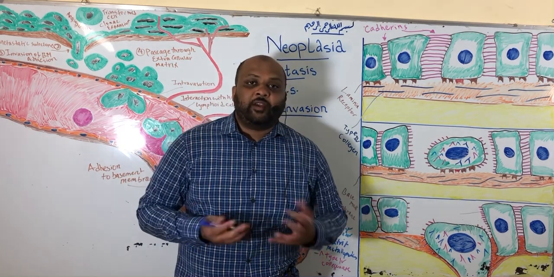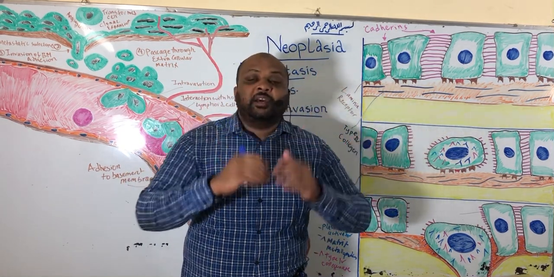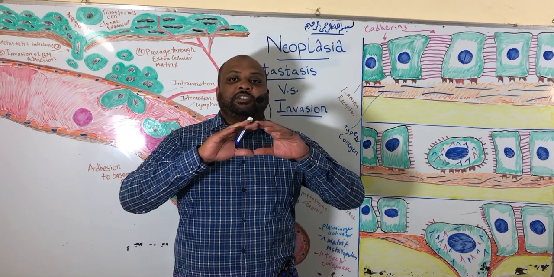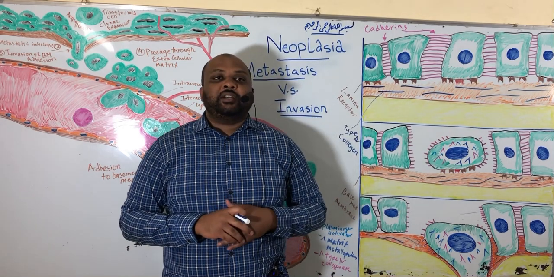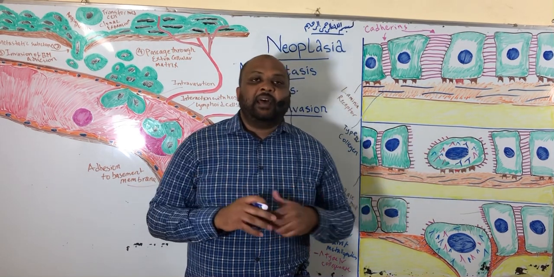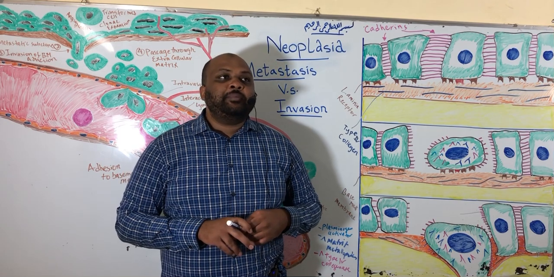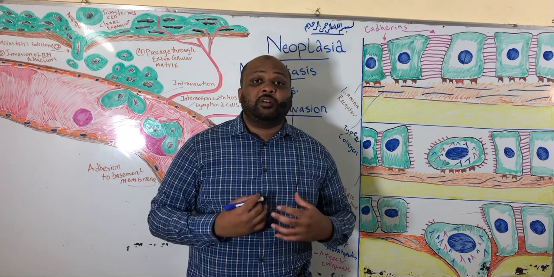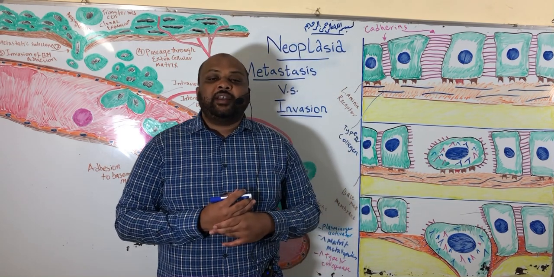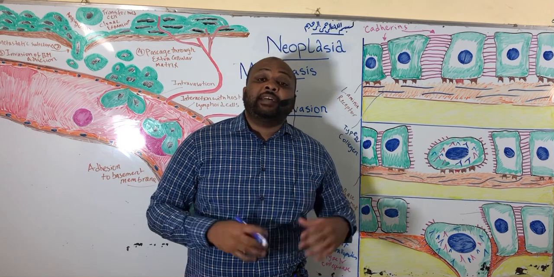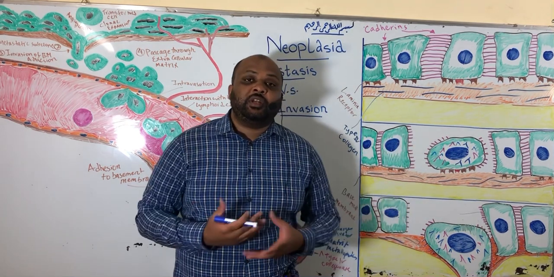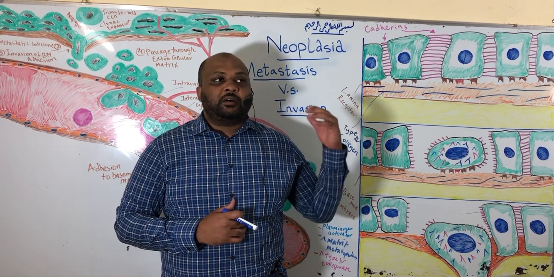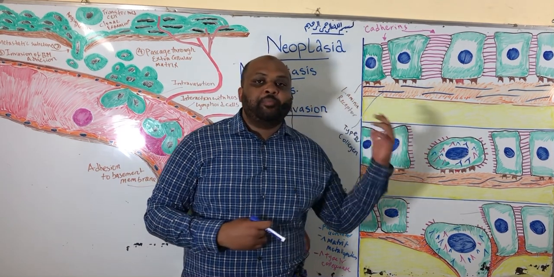And what are we invading? We are invading the basement membrane. This is very important to understand. The tissue compartment is comprised of cells, and these cells are surrounded by the extracellular membrane, which is divided into components known as the connective tissue or the interstitial tissue, and we also have the basement membrane.